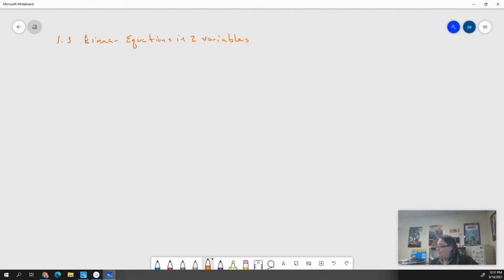So when we have two variables, we can write any equation in what we call the slope-intercept form. The slope-intercept form of an equation is super convenient because it gives us a lot of information. Does anyone remember what the slope-intercept form of an equation is?